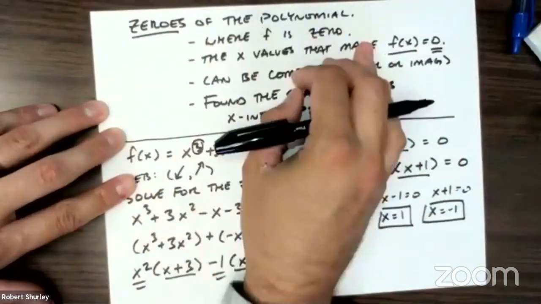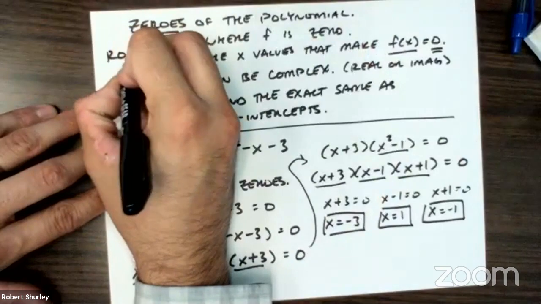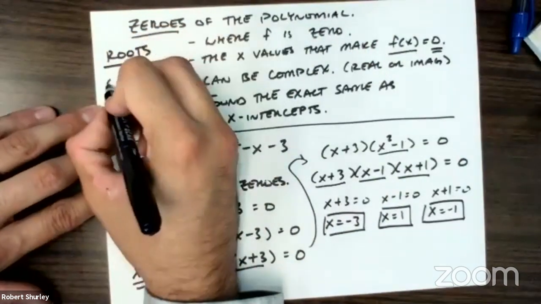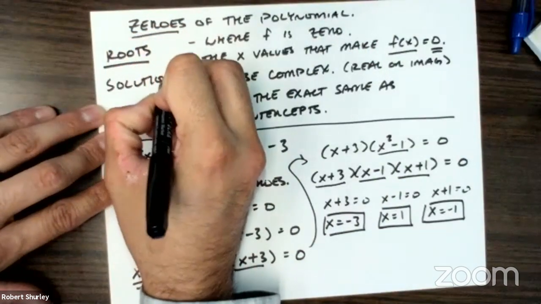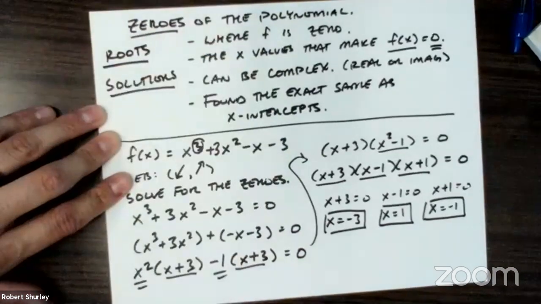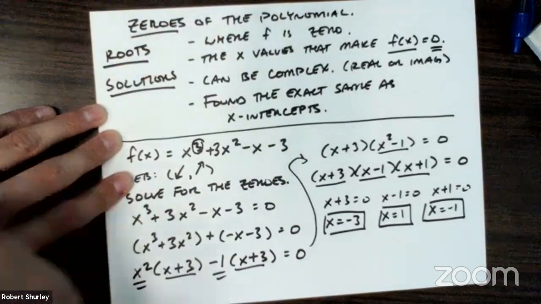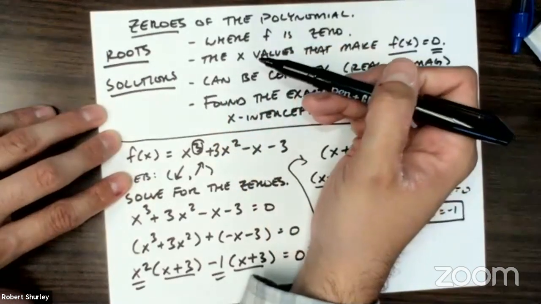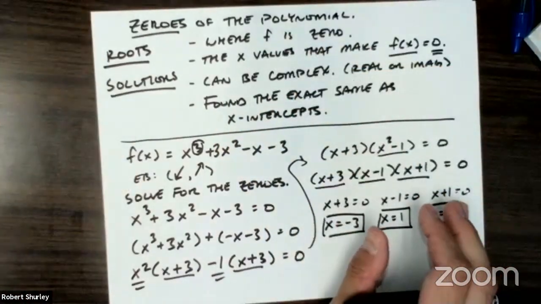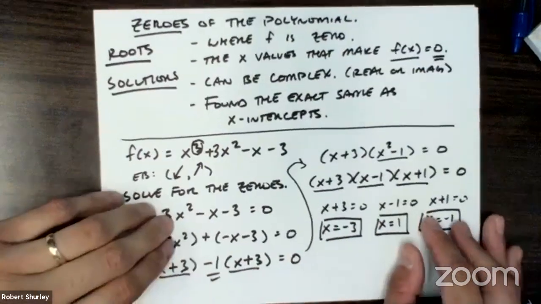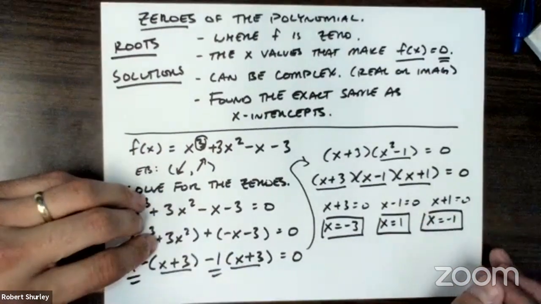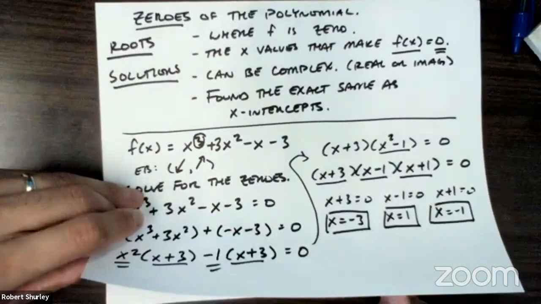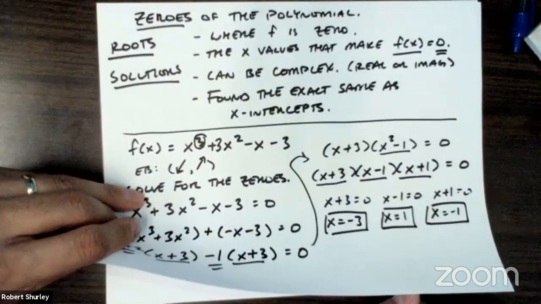Your book uses the words zeros, roots, and solutions interchangeably. So when you see the word zero, root, or solution, it means the same thing. Dr. Blitzer, with his book he dedicated to his horse, that's something he does.